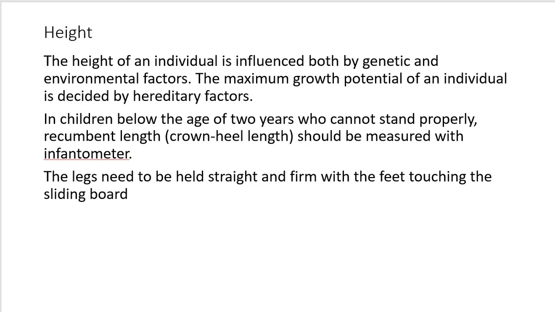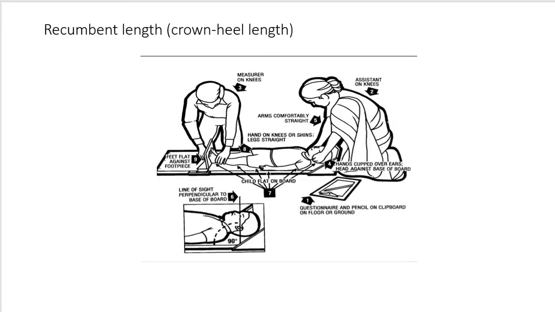It should be measured with an infantometer. Here the leg of the baby needs to be held straight and firm with the feet touching the sliding board. In the next picture, I'll show you how the recumbent length is taken.